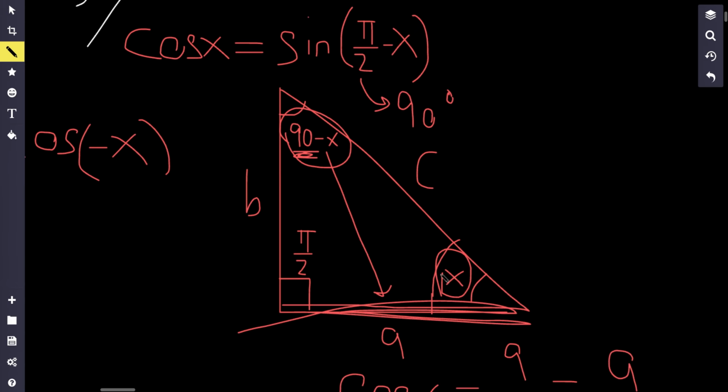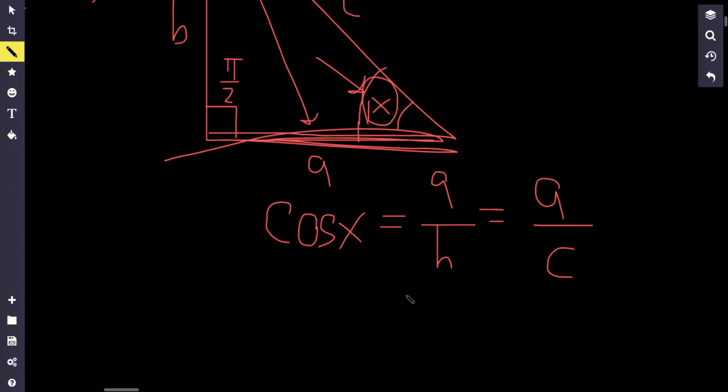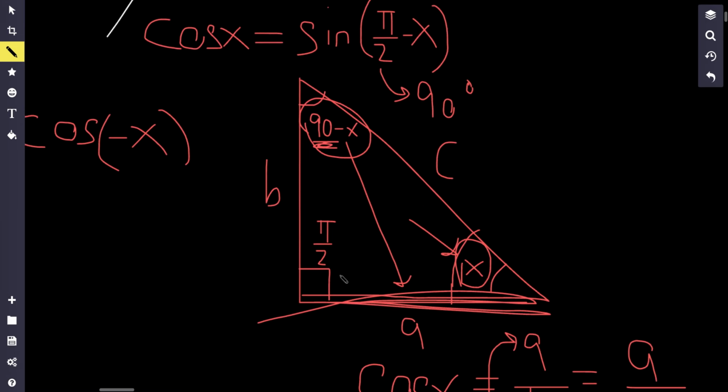One has adjacent over hypotenuse and the other has opposite over hypotenuse, so if those sides are equal, everything works out there.